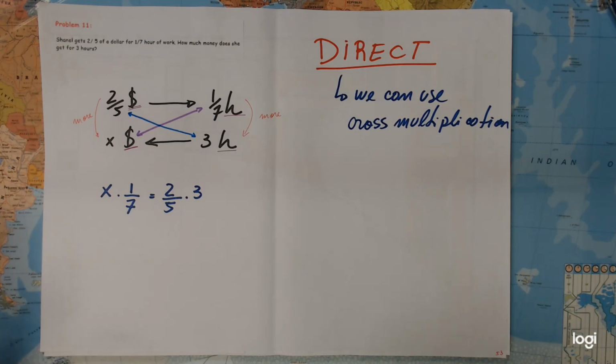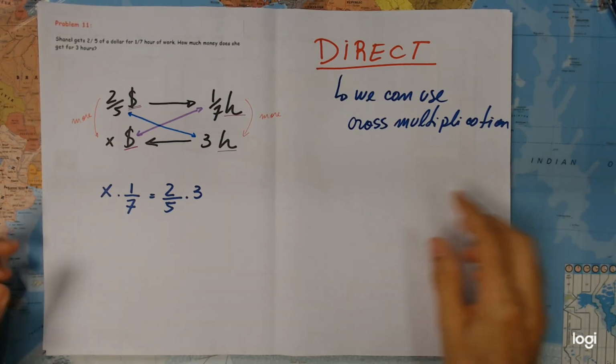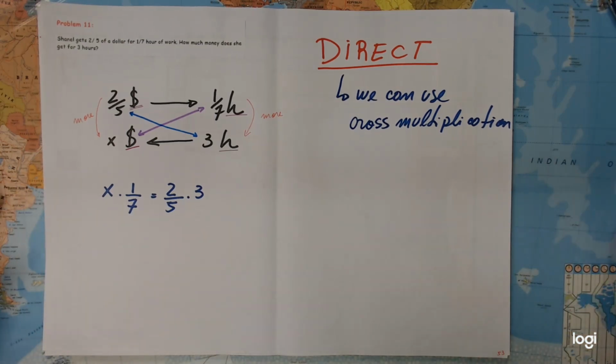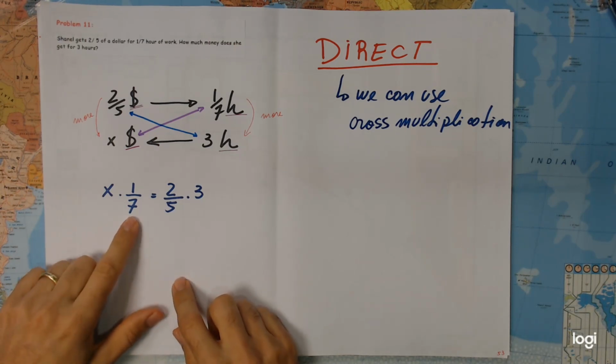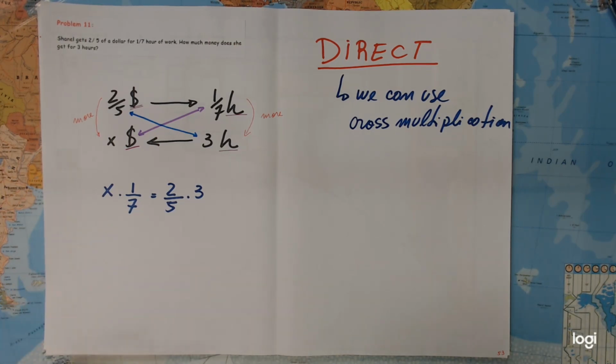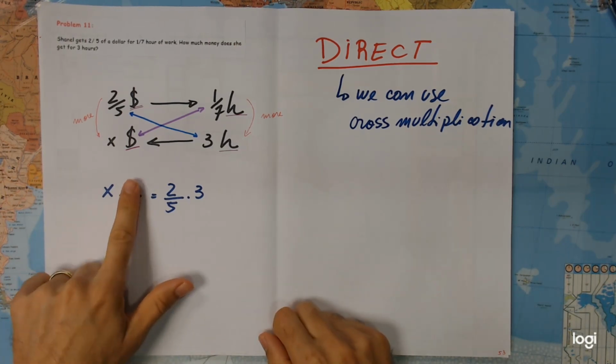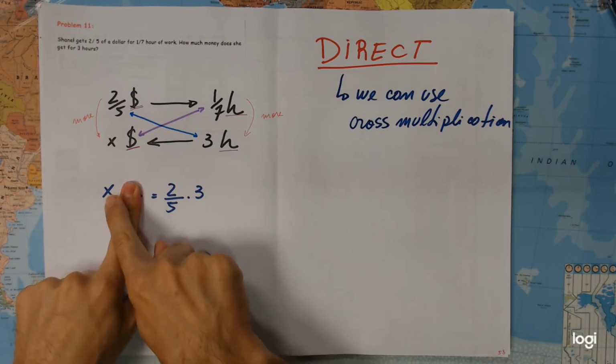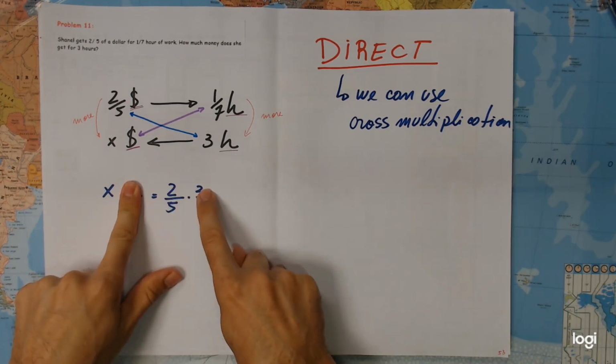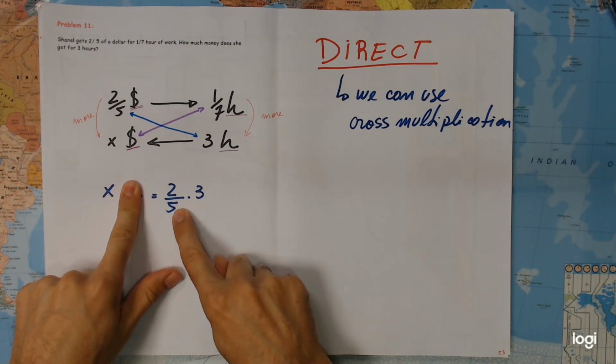Well, so we have this equation. What to do with this equation? Well, that's a good question. This equation is almost ready for us. The only thing getting in the way is this 1/7. Now, imagine if we didn't have this 1/7. Look, x equals 2 times 3 divided by 5.